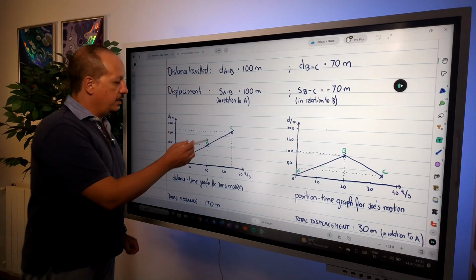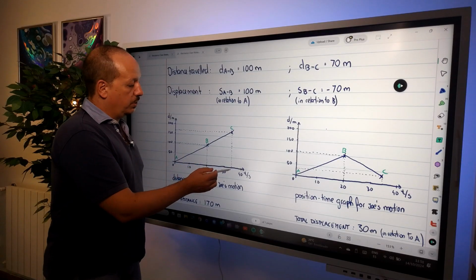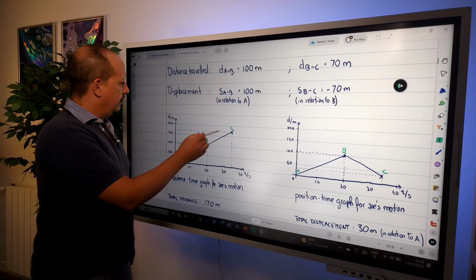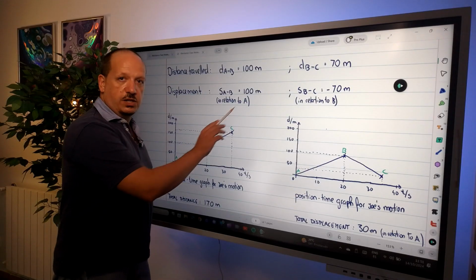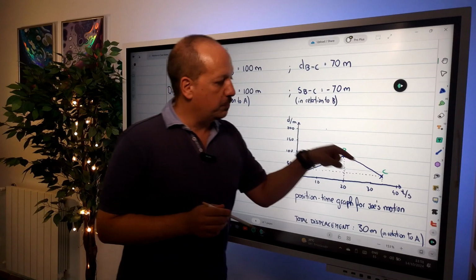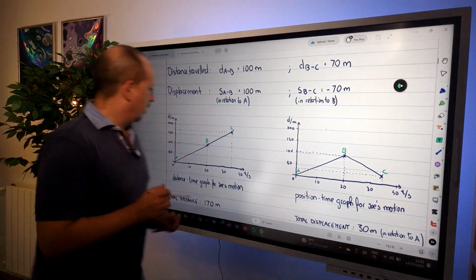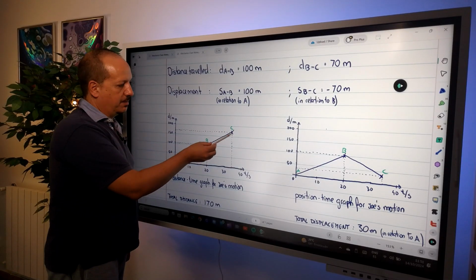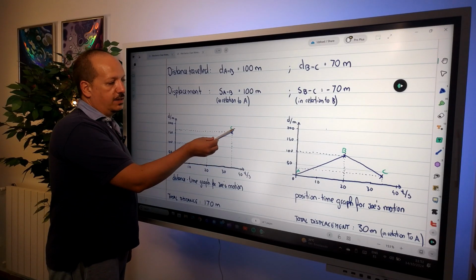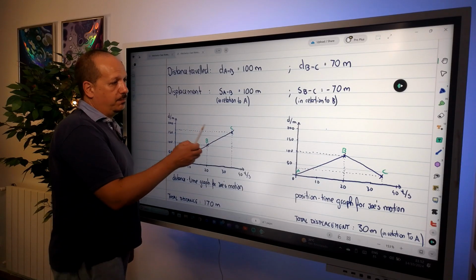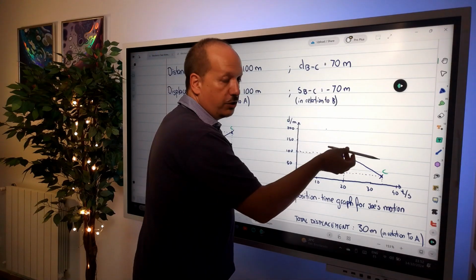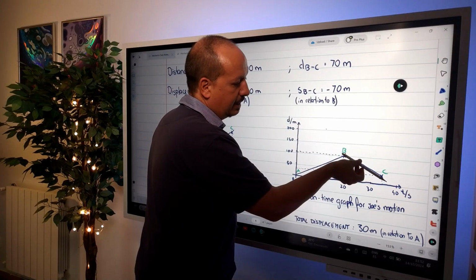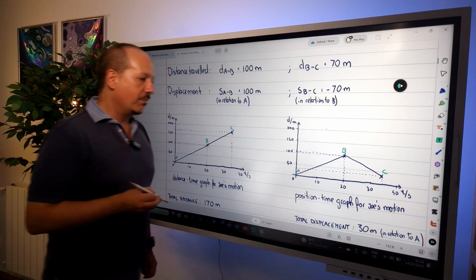But as you can see here, from 20 to 34 seconds, here the distance continues increasing, and here the displacement goes down. Whatever the gradient is over here, and this is going to be important for what comes next, is going to be in magnitude the same, but with a negative value over there.